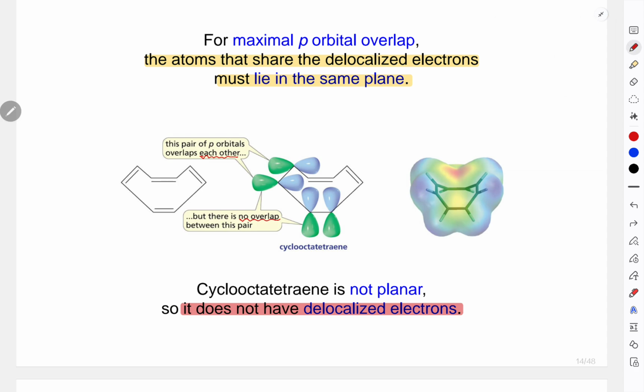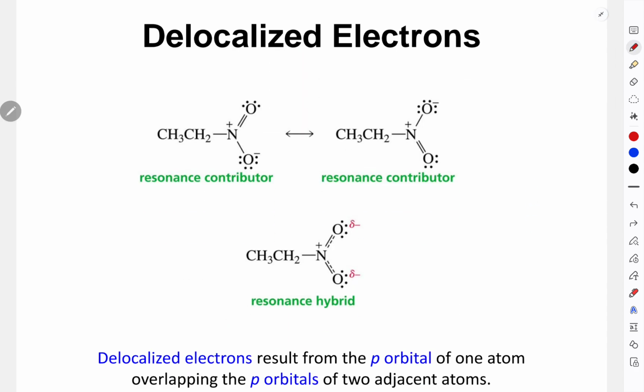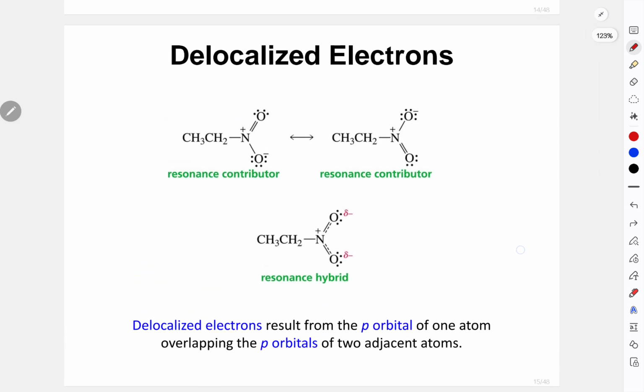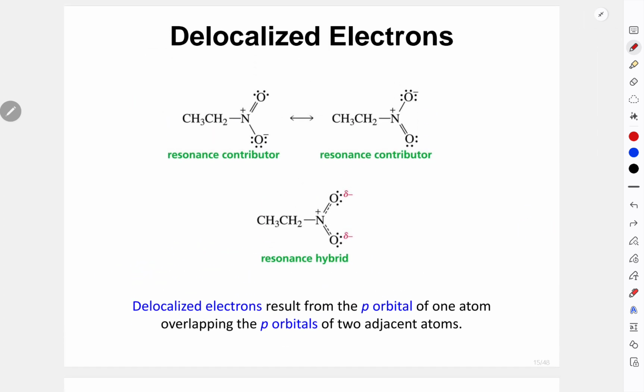You can think of the nitrate or carbonate system, where delocalized electrons can take place across 3 different atoms, in this case 2 oxygens and nitrogen. You can draw the resonance structures or resonance contributors of the nitrate system. These two are possible resonance contributors.